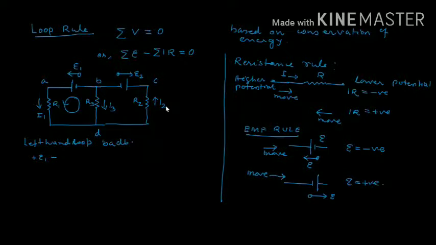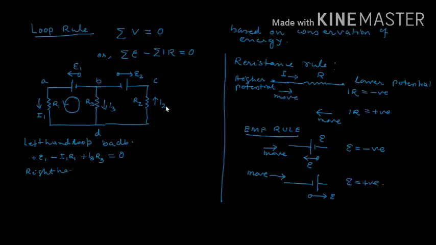So minus I1 R1. Then we go D to B through the resistor R3 opposite to the current I3. That means I3 and R3 is taken as positive. I3 into R3, that is positive. And this is equal to 0.